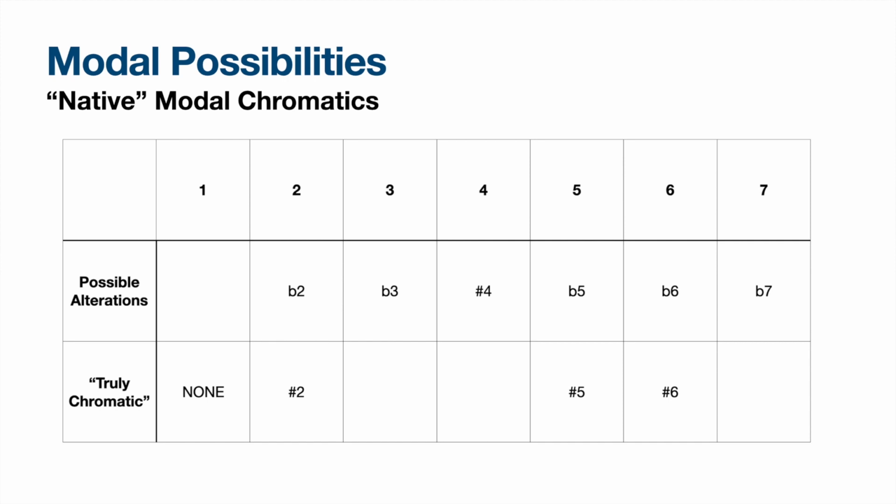This is a cheat sheet. So if you're doing your analysis and you come across functional harmony chords that contain the top row, you can probably confidently say they came from a mode of your home key. If you are coming across sharp 2, sharp 5, sharp 6, it definitely came from somewhere else that is not related to a mode.